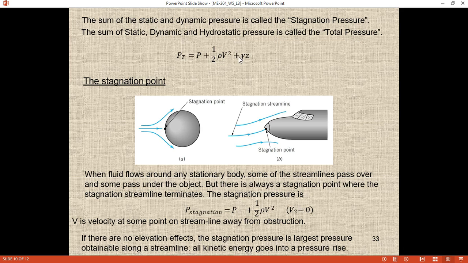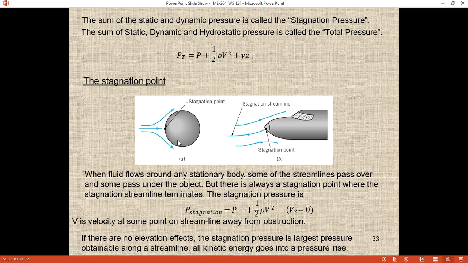The sum of all three components of the Bernoulli equation is equal to the total pressure. There are some more terms for the stagnation pressure or stagnation point. Here you can see when fluid flows around any stationary body.